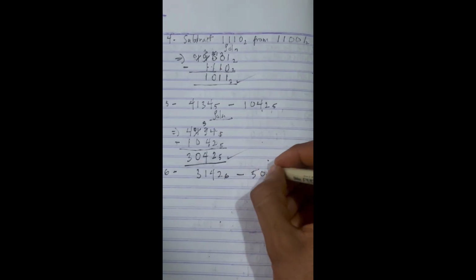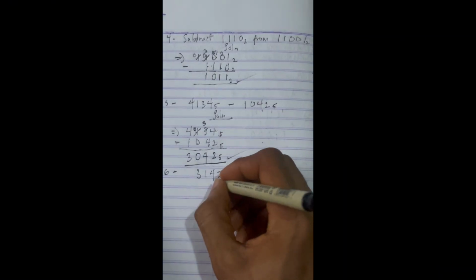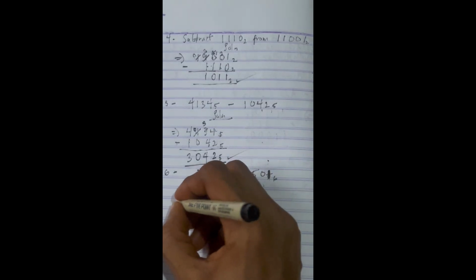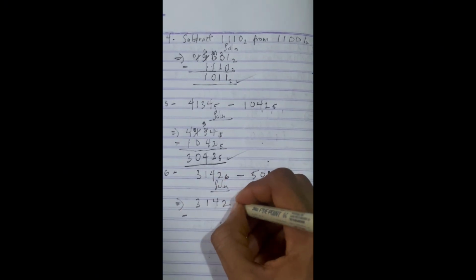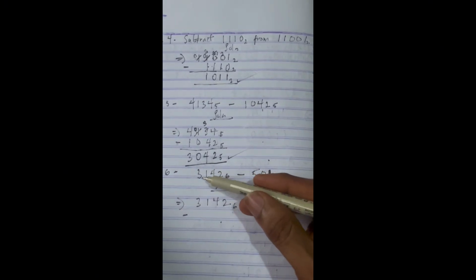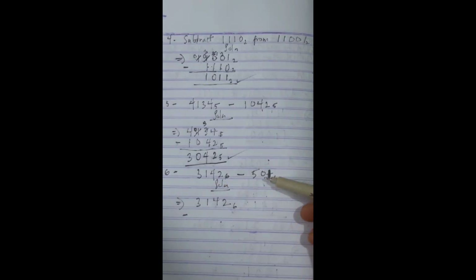Okay, let's change that 7 to 1. 5, 0, 1 base 6. So now let's solve. Follow me. Solution. Which implies we have 3, 1, 4, 2 base 6 minus 5, 0, 1 base 6.